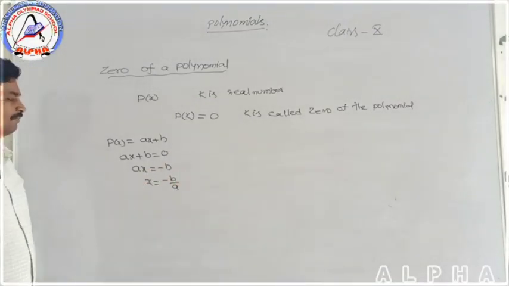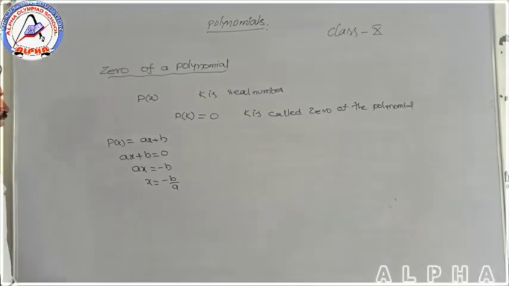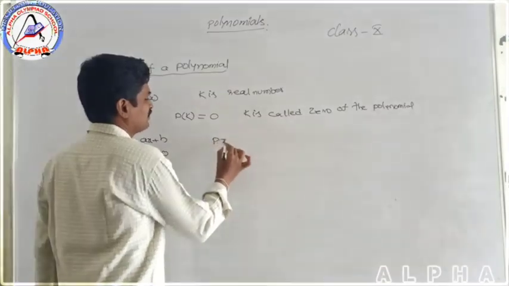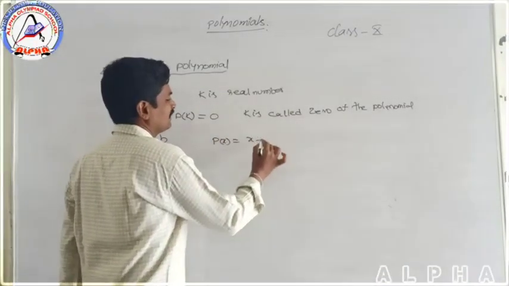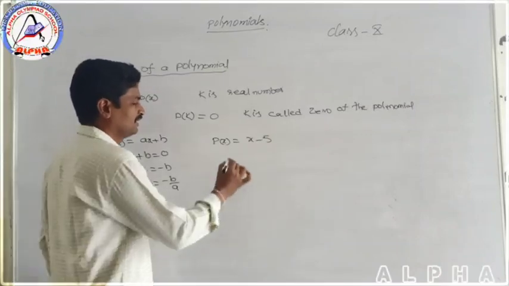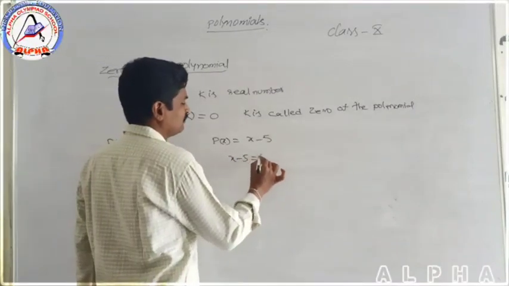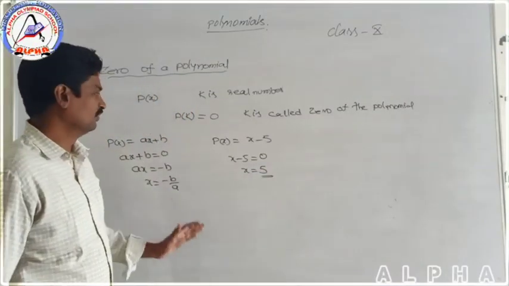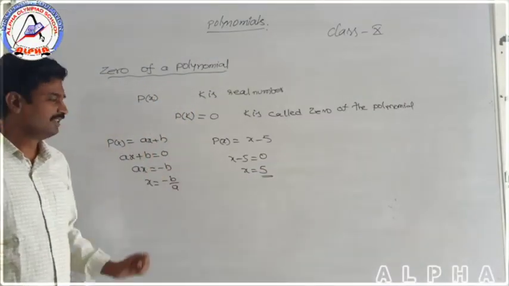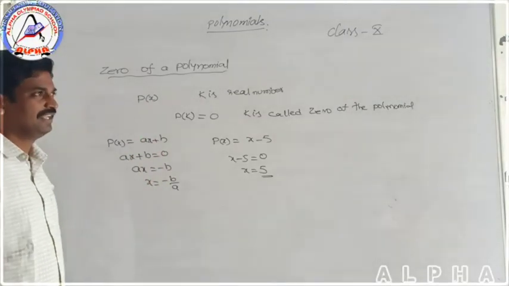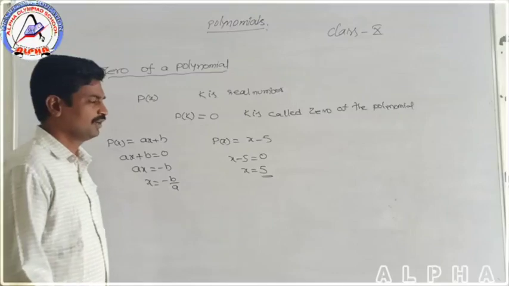That means minus b by a is the zero of the polynomial ax plus b. Suppose p of x is equal to x minus 5. To find the zero, x minus 5 is equal to 0, so x is equal to 5. These are all linear polynomials. A linear polynomial has only one zero.